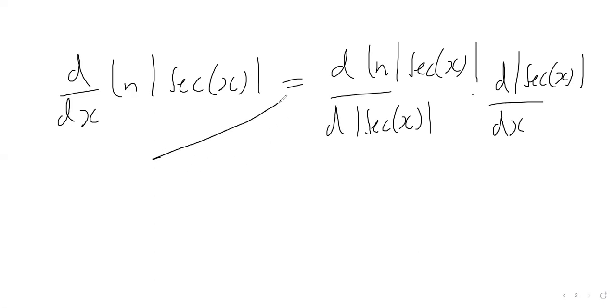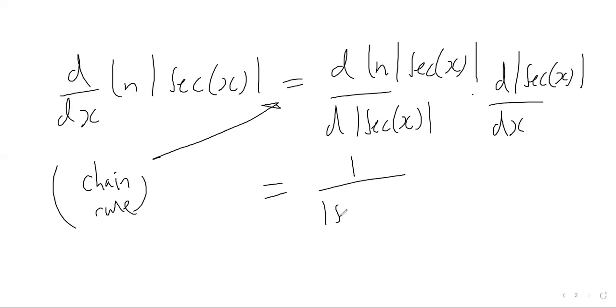This is just an application of the chain rule. We know that when we differentiate the natural logarithm of a variable with respect to that variable, we get 1 over that variable. So the first derivative is just 1 over the modulus of sec x, and then we multiply it by this derivative here.